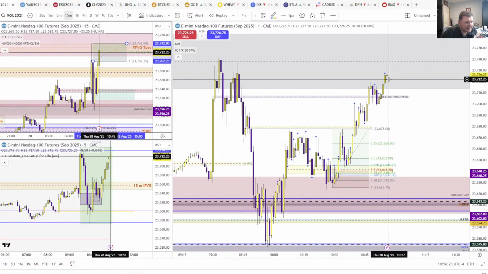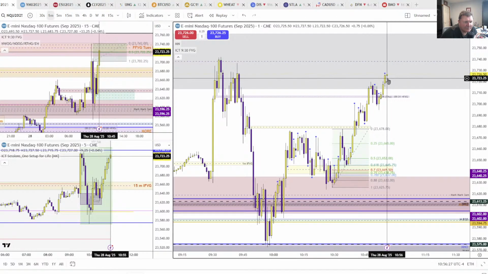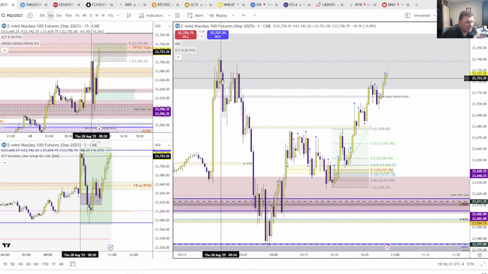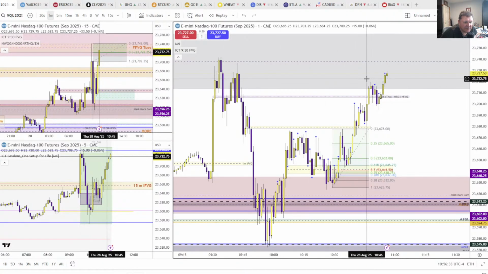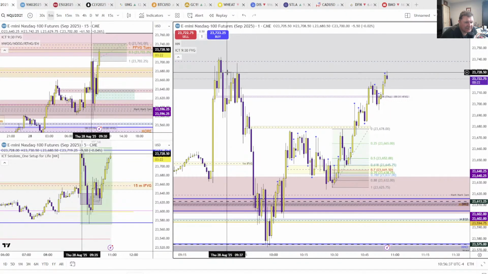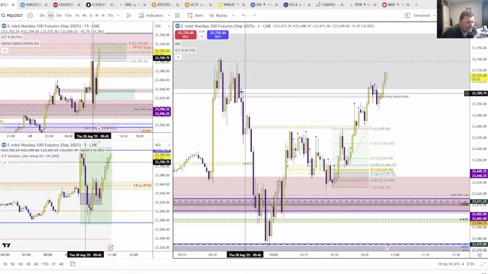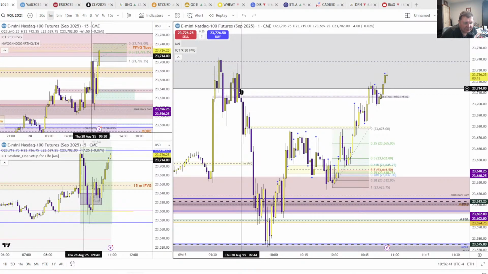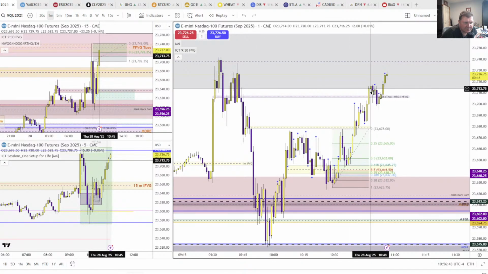We just came back and tapped it at 728. Or 723, I should say, this one right here. We closed above it again, came back, tapped it, keep coming higher, get above that 728. Now you don't want to see it drop below 714. This little candle right here.